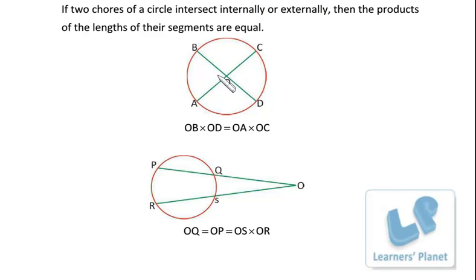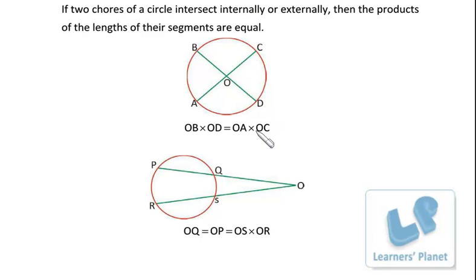In that case, OB into OD is equal to OA into OC. OB and OD are segments of chord BD, and OA and OC are segments of chord AC. So OB into OD will be equal to OA into OC.